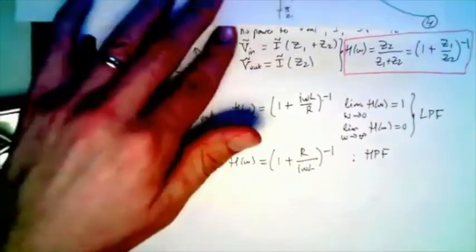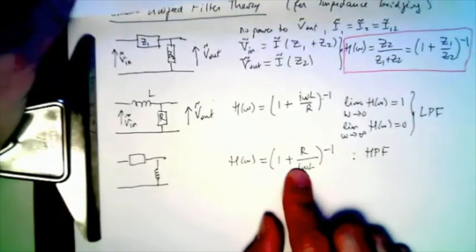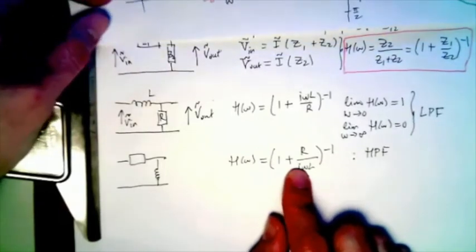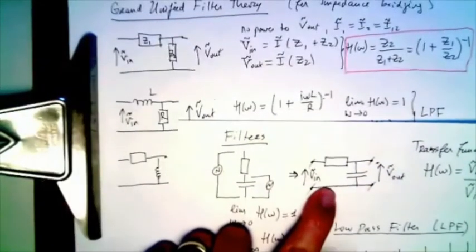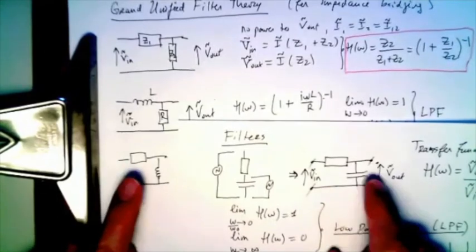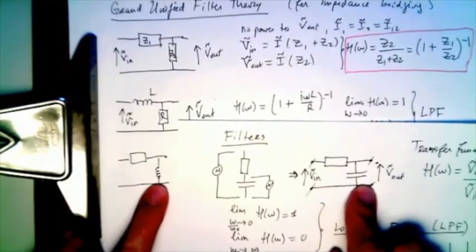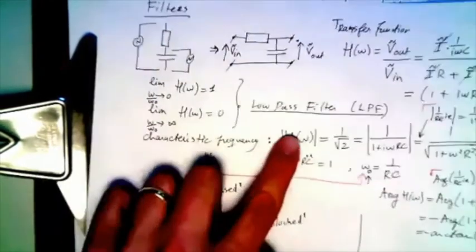Now compare this to the transfer functions with the capacitances. When we had this filter versus this filter, here we had a capacitor, and here we had an inductor. Now, this is a high pass filter, but this one was a low pass filter.